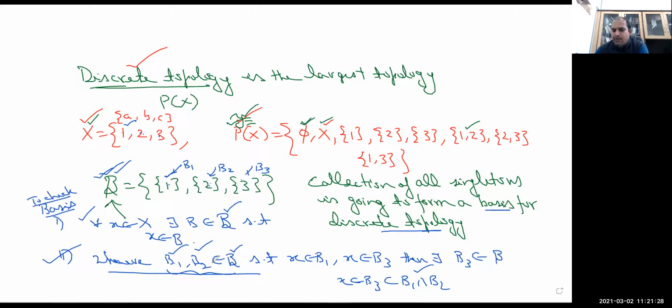Since there is no B1, B2 containing X, there are no two different B1, B2 containing X, so this second condition is vacuously true. So in this way we have proved that basically this collection is a basis.